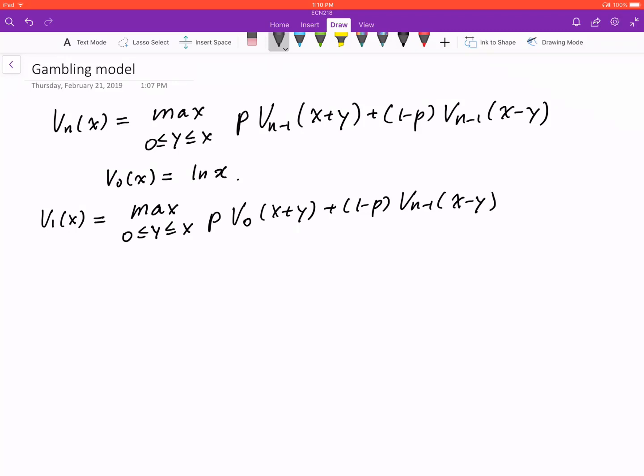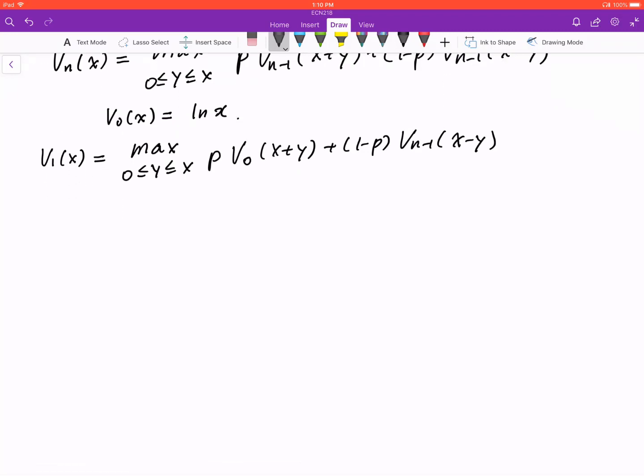Now we plug in the function: the maximum over y between 0 and x, replacing x by x plus y, we have p log(x plus y) plus 1 minus p times log(x minus y).